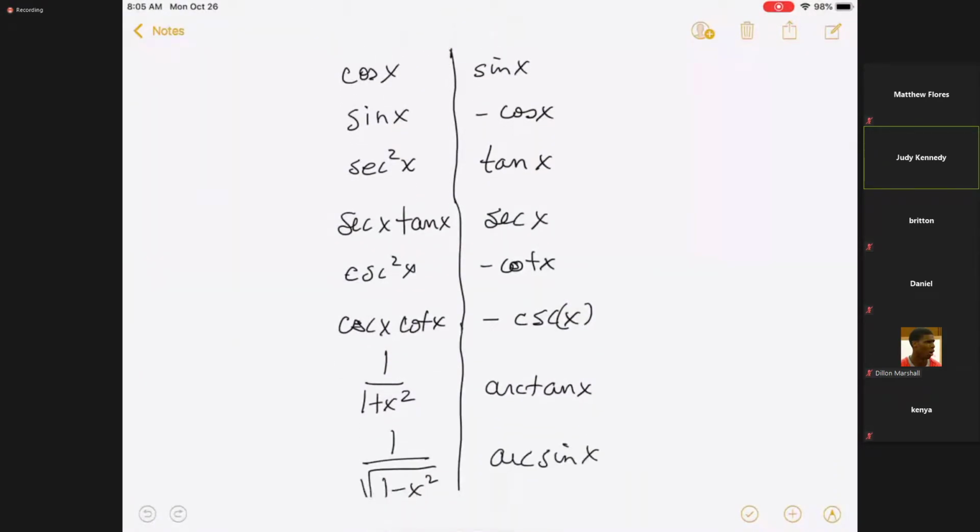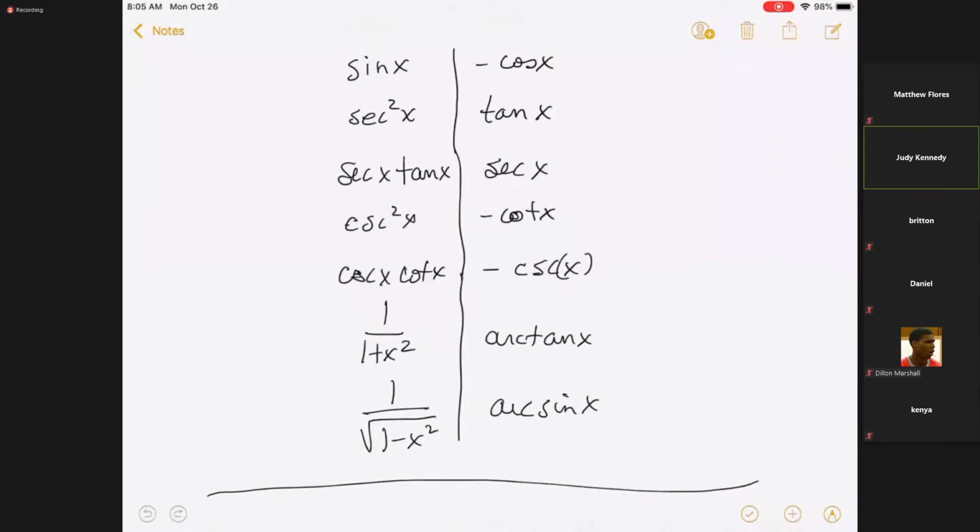And then, okay, the inverse trig functions, going backwards again. Since the derivative of arctangent of x is 1 over 1 plus x squared, an antiderivative of 1 over 1 plus x squared is arctan of x. And since the derivative of arcsine of x is 1 over the square root of 1 minus x squared, an antiderivative of 1 over the square root of 1 minus x squared is arcsine of x.